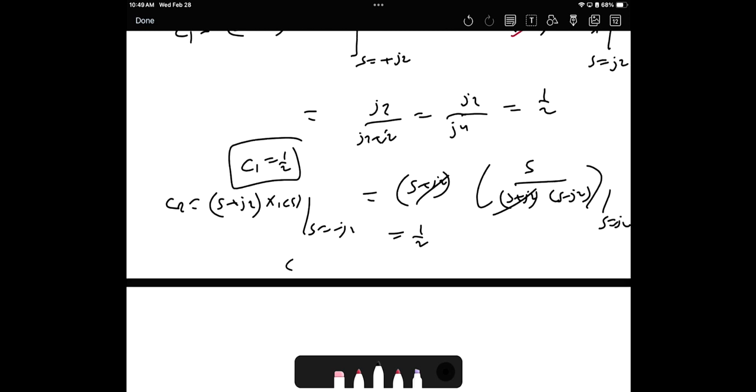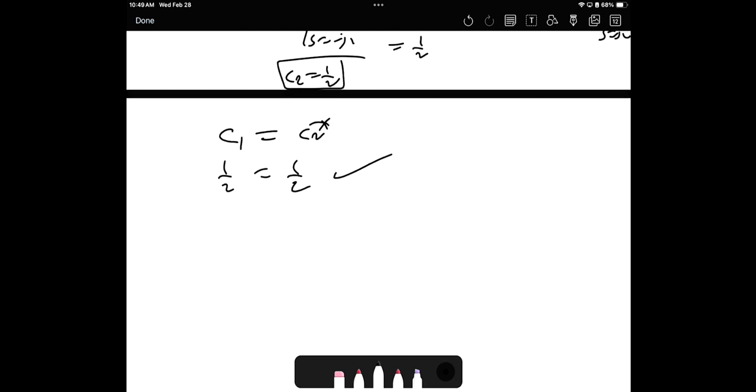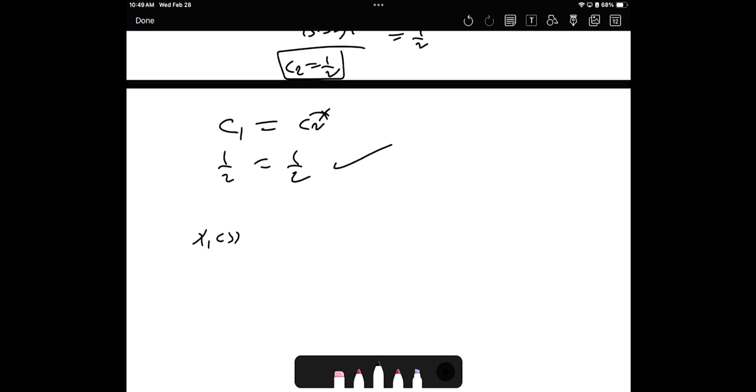So c2 equals 1/2. Keep in mind, c1 equals c2 conjugate, and there is no imaginary part, so 1/2 equals 1/2. Then our answer is correct. As a result, X1 of s will be 1 over 2 times 1 over s minus 2j, plus 1 over 2 times 1 over s plus 2j.